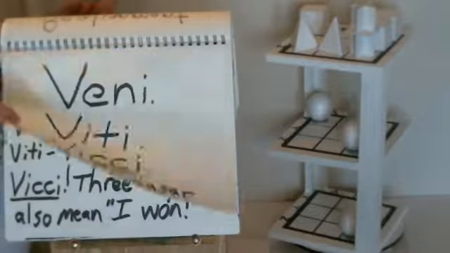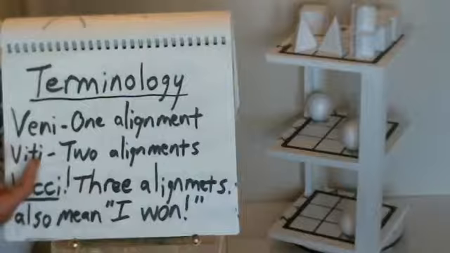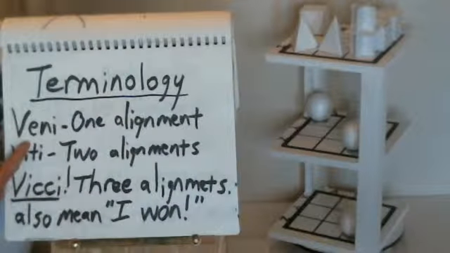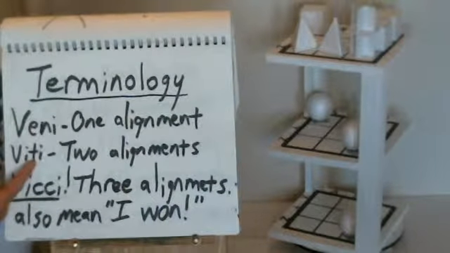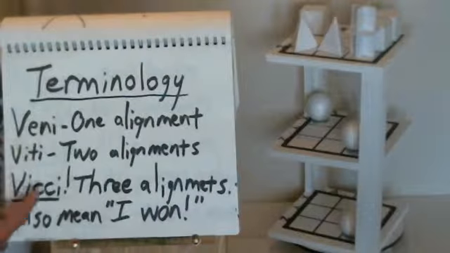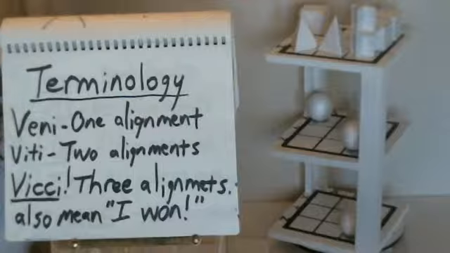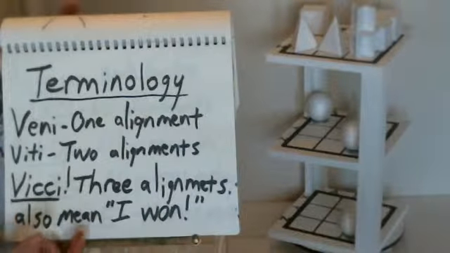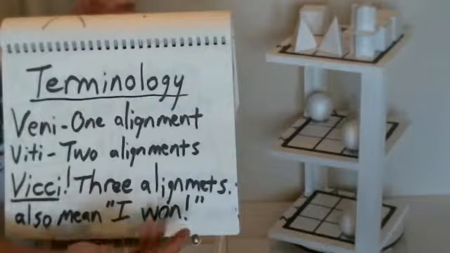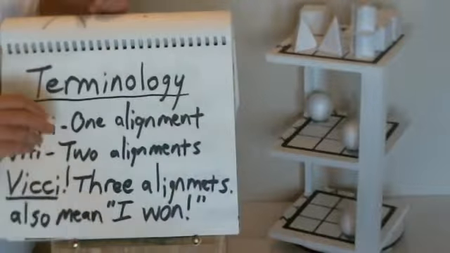So when you get one alignment, you say Veni. When you get two alignments, you say Vidi. And when you get three alignments at the same time and win the game, you announce it by saying Vici. Pretty self-explanatory, is it not? And of course, Vici then meaning I won or I win. It's a lot of fun to say when you get it.